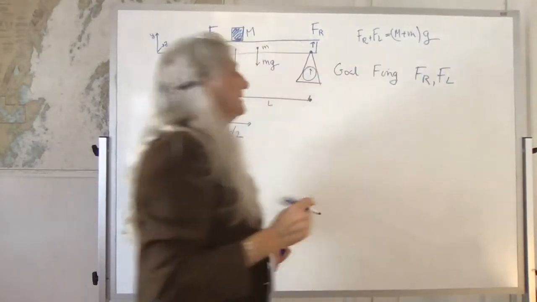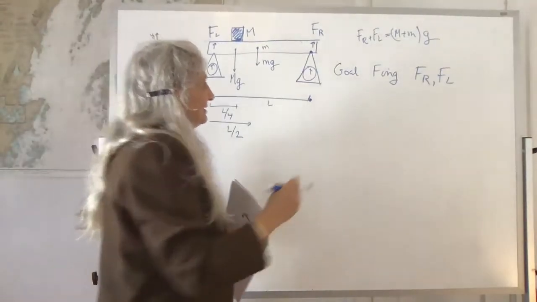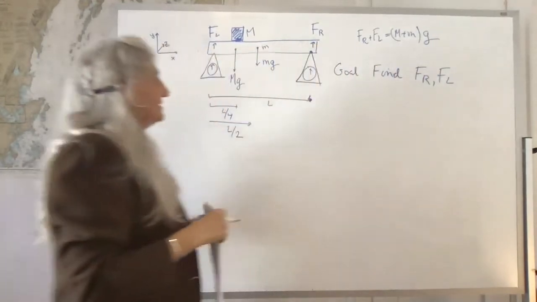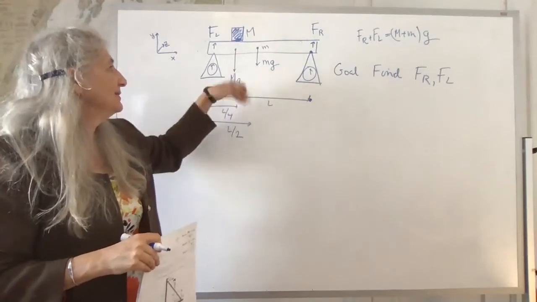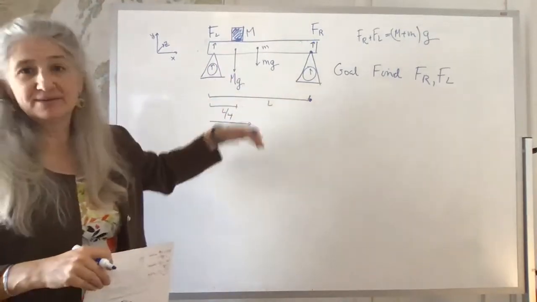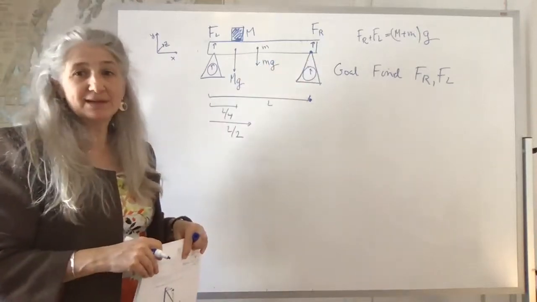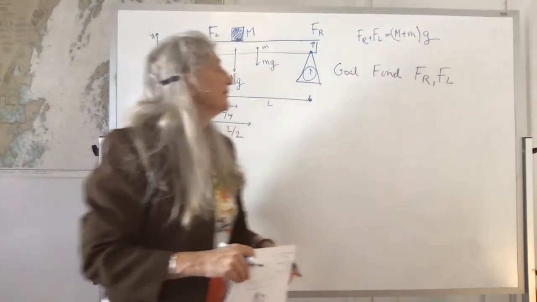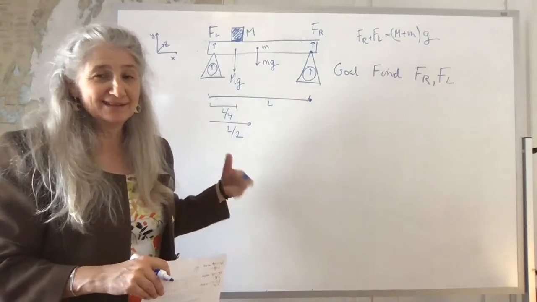Our goal is to predict what's measured on the scales. We assume we know big M, little m, and g. So we have two unknowns, and right now in this vertical force balance equation, we have two unknowns and a bunch of known things on the right side. So we need one more equation.